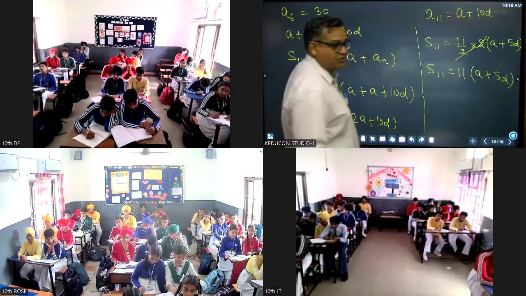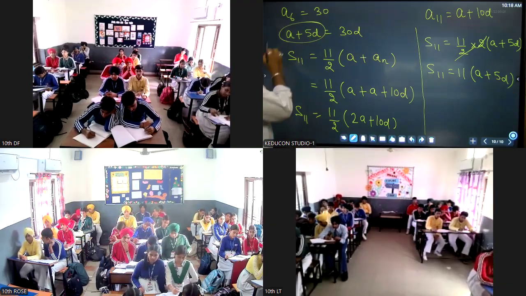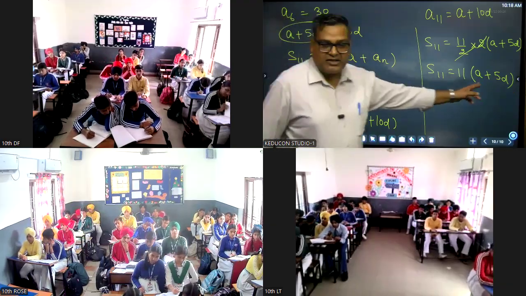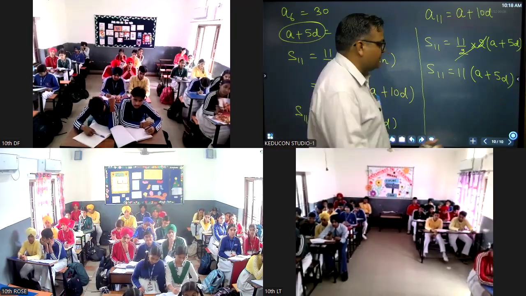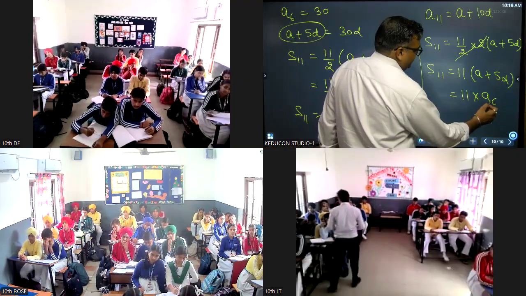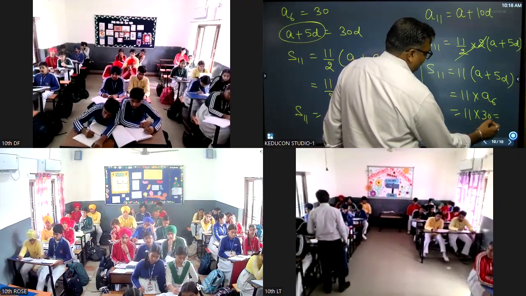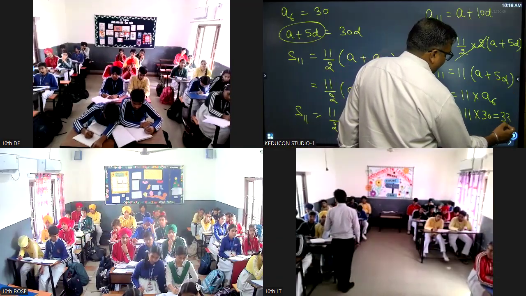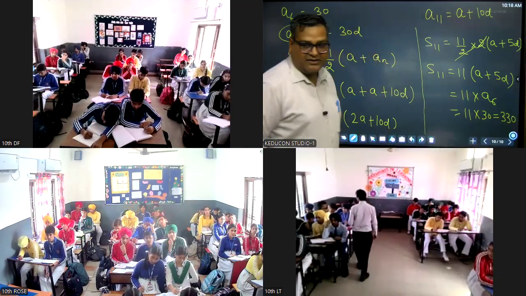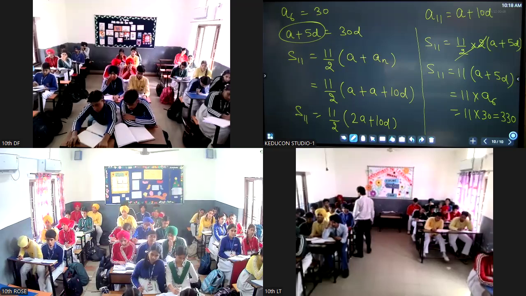How to do this question now? We have the value of A plus 5D. Put the value of A plus 5D. Meaning, A plus 5D is equal to what? We can write this as the 6th term. And the value of the 6th term is 30. So what is the answer? 330. The sum of the 11 terms of the AP will be 330.